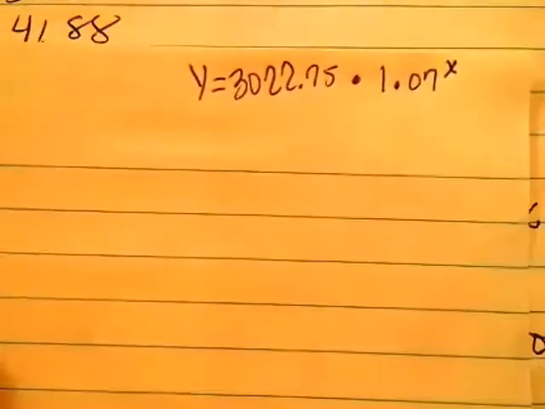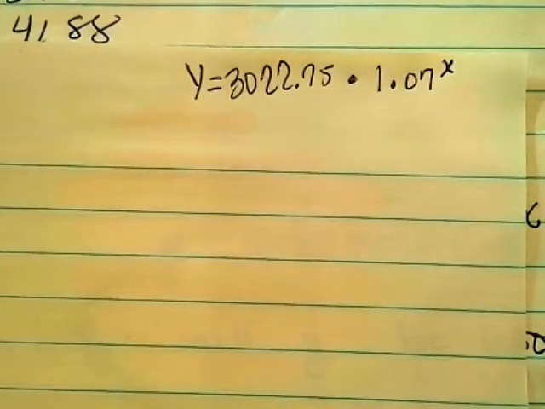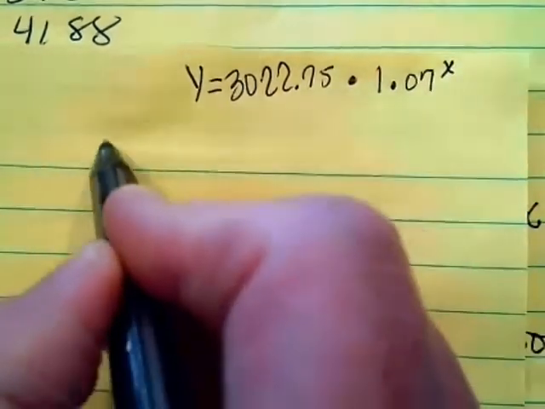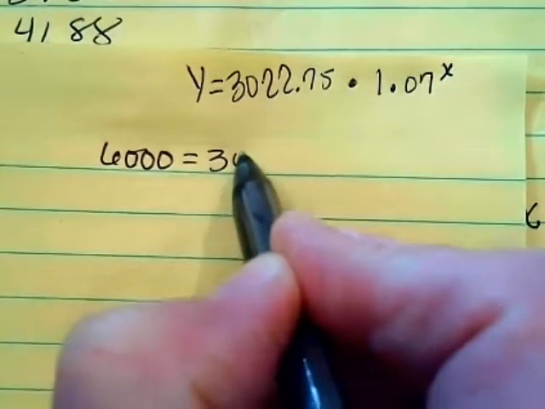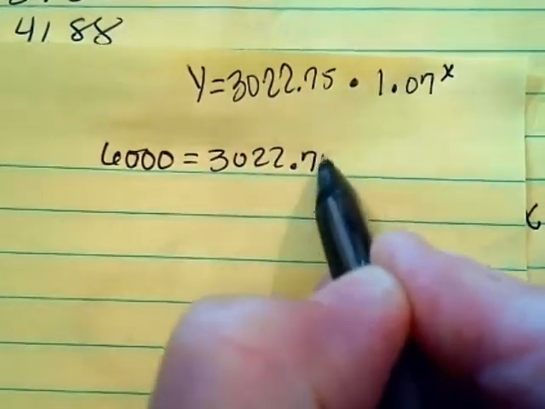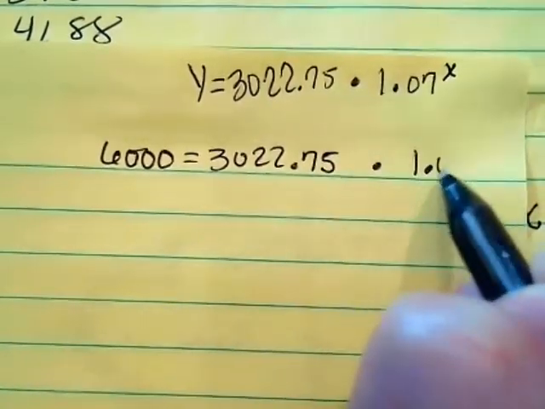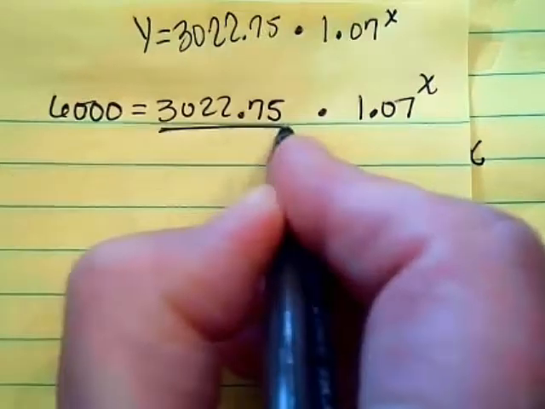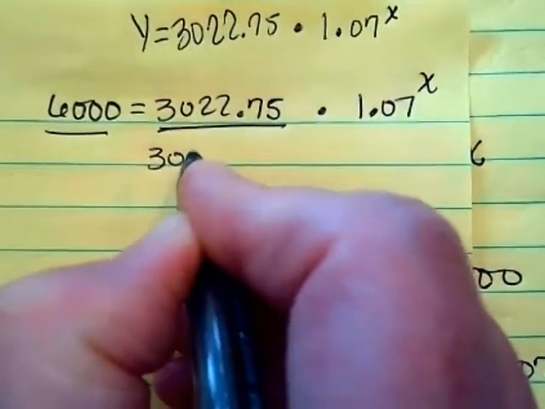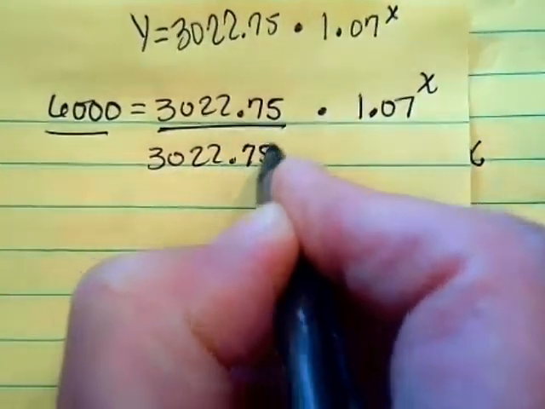If your teacher wants you to find it using the equation, then what your teacher's really asking you is, when will this stuff equal 6,000? And what you want to try to do is solve for x, just like you would any other time. So you're going to start by dividing both sides by 3022.75.